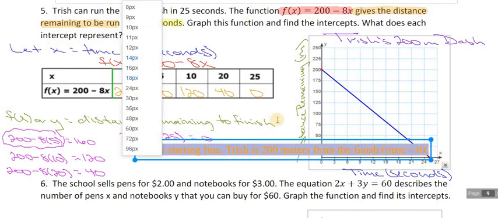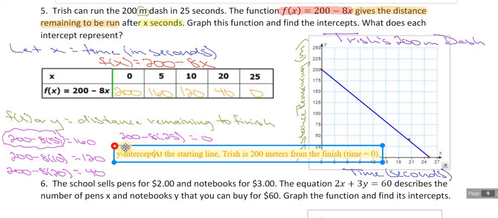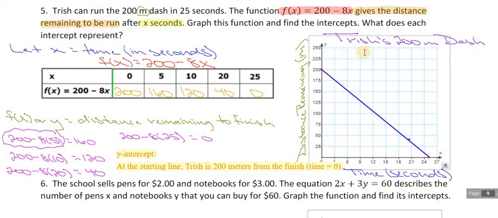Now, what about the x-intercept? Okay, so this was technically our y-intercept. What about the x-intercept? Well, the x-intercept is 25, 0. So let's talk about that.